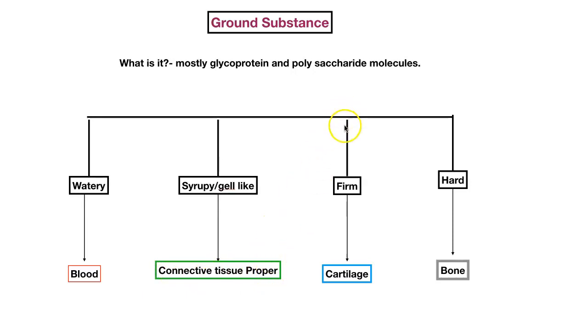If that ground substance is firm but flexible, it's going to give us the connective tissue we call cartilage. If that ground substance is hard, it's going to give us the connective tissue bone.